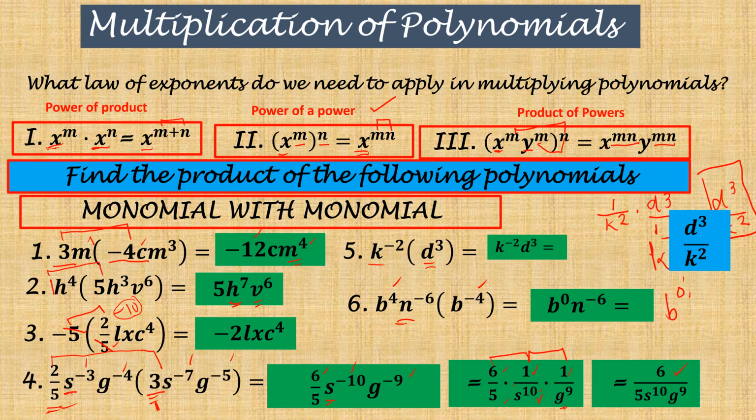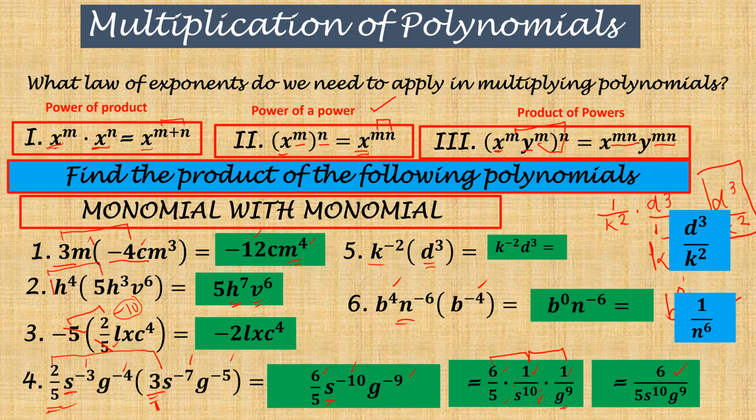So we have n to the power of negative 6. So therefore, you know it already that b to the 0 times n to the negative 6 will give you a final answer of 1 over n to the 6. So that's it. That's the final answer in number 6.